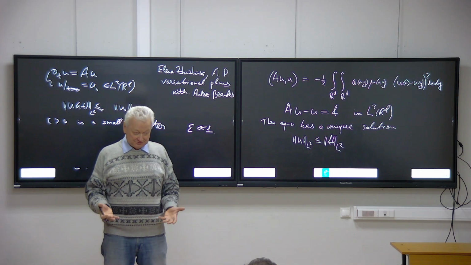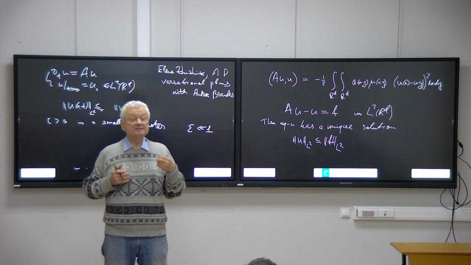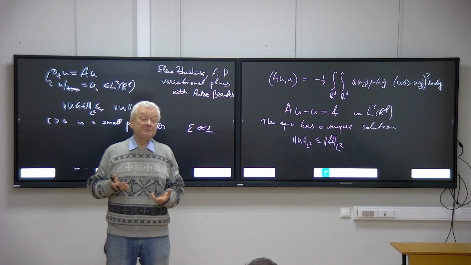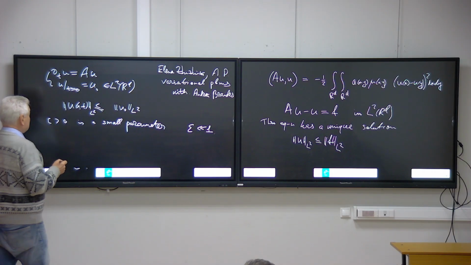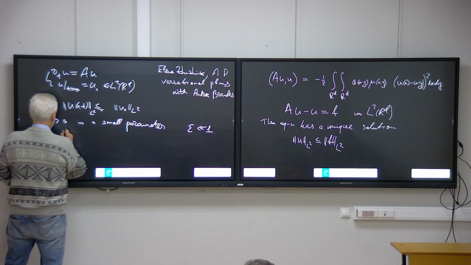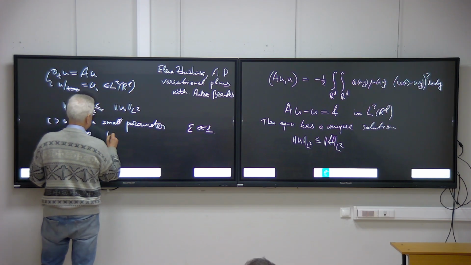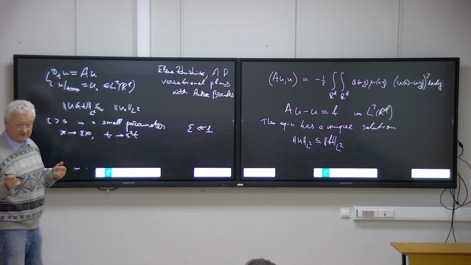This ratio we denote by epsilon, a small parameter, and in mathematical language we send epsilon to 0. So x becomes epsilon x and t becomes epsilon squared t. It's the standard diffusive scaling.